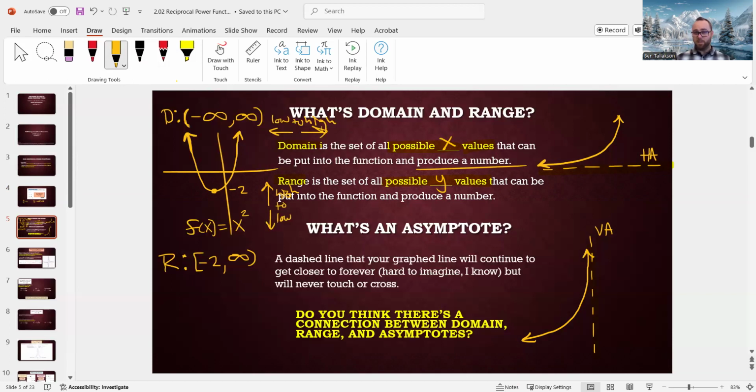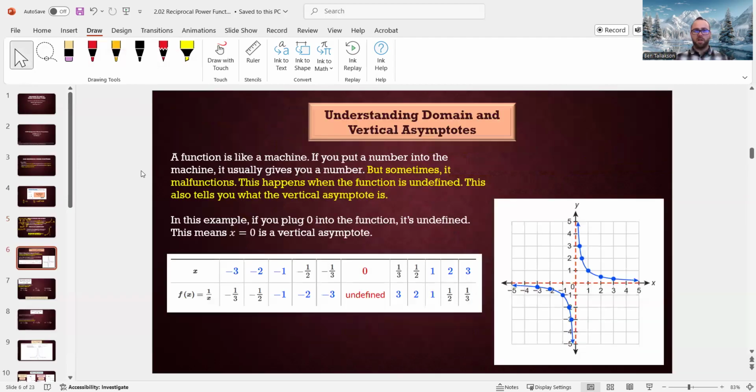It does, right? So there's a very close connection, and we're going to start to discover that right now. We're going to see a graph here of a reciprocal power function. If you've seen something like that, great. Maybe you have a bit of prior knowledge on this. If not, there's a look at it.